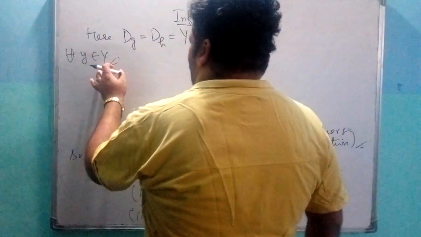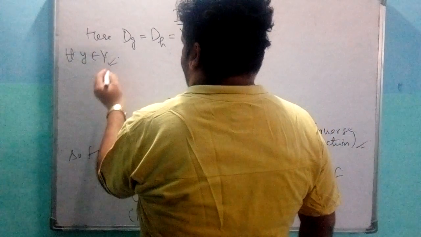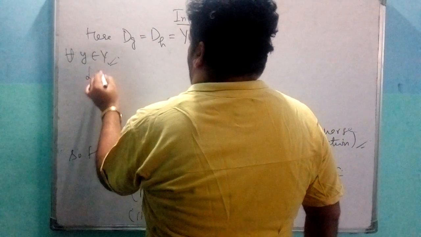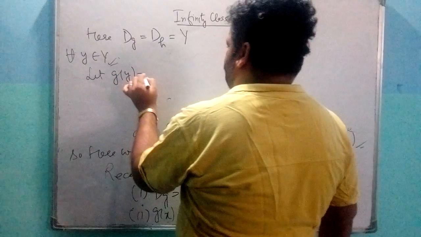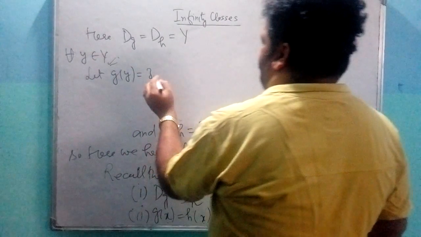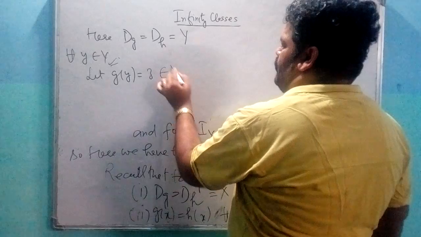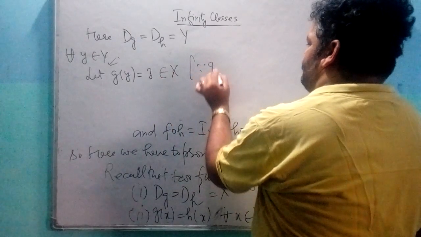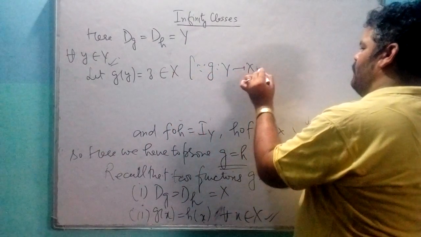For every y belongs to Y, let g of y is equal to z belongs to X, because g is a function from Y to X.